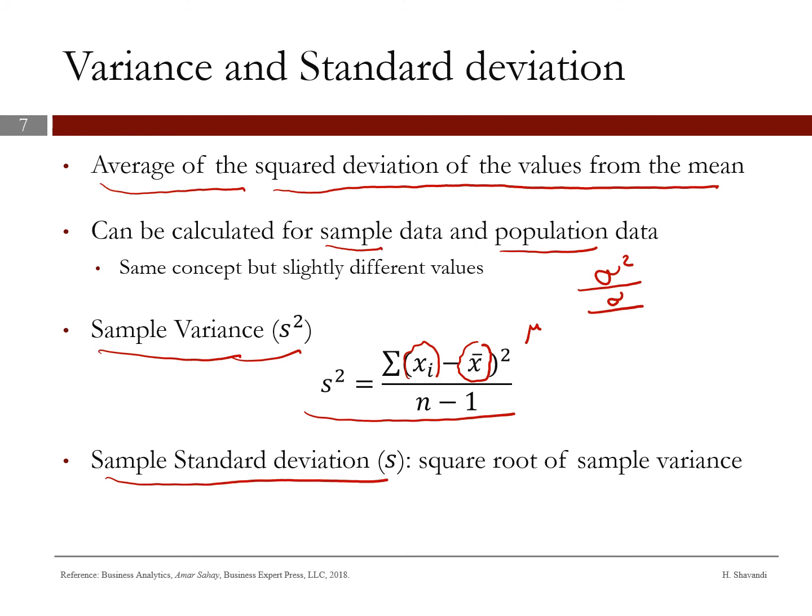But here, as you see, we divide the sum of the squared deviations by n minus 1, not n. For population, we consider n in the denominator, so it will be a simple average over the deviations. But here we consider n minus 1, and that's the reason we say that there is a slight difference between the sample variance and the population variance.